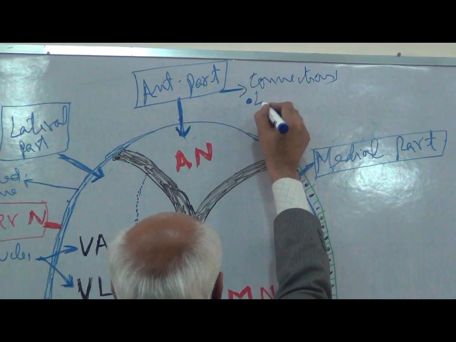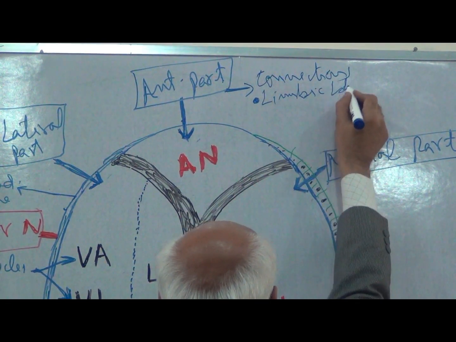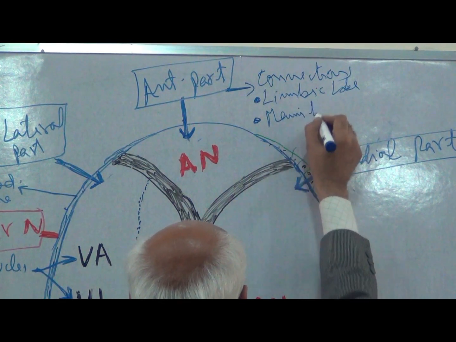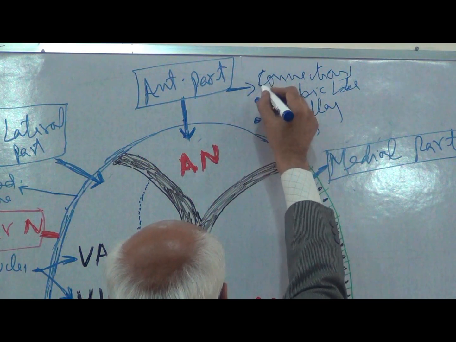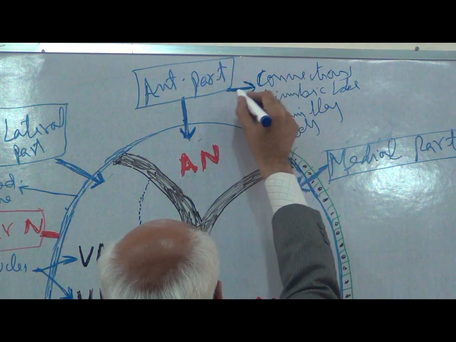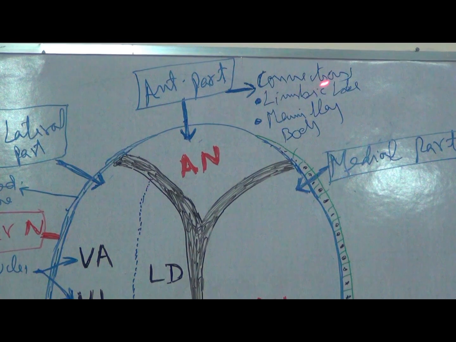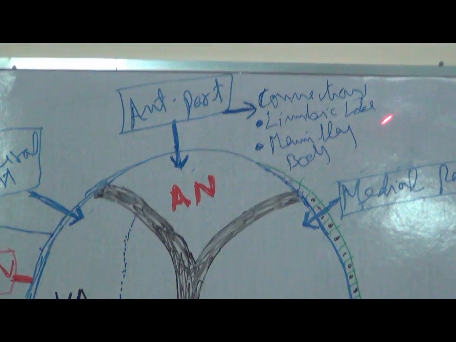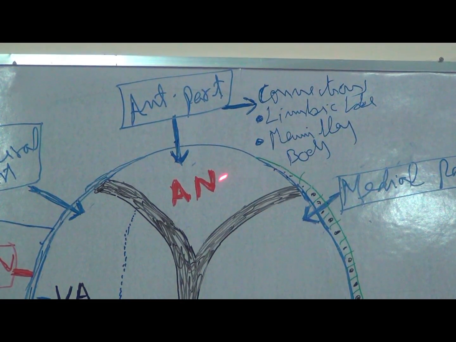That is the limbic lobe and mammillary body. The anterior part is occupied by the anterior nucleus. It is connected with the limbic lobe and with the mammillary body. From the mammillary body, the fibers pass to enter the anterior nucleus through the mammillothalamic tract.